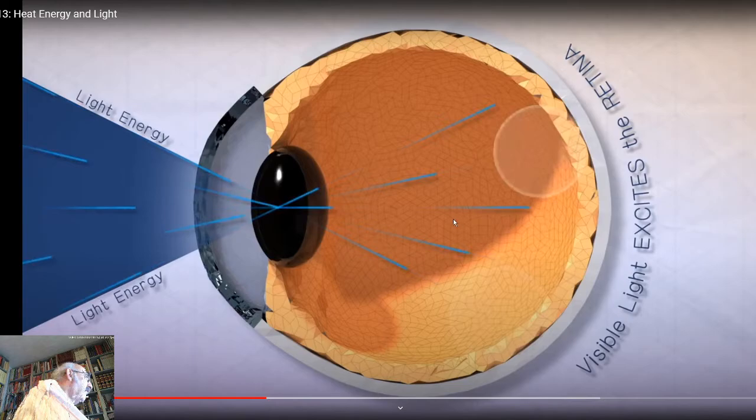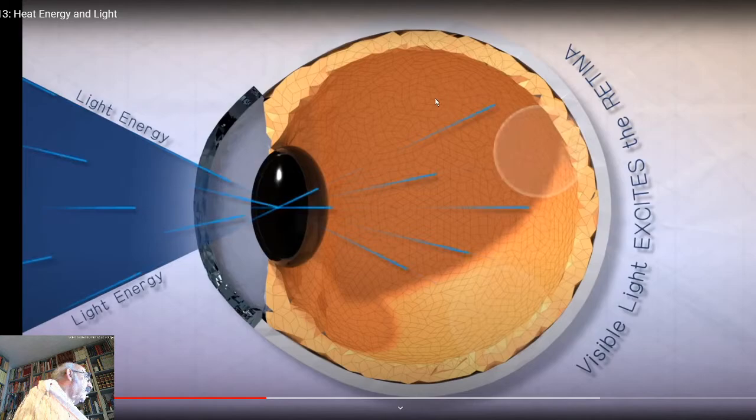Okay, so this is interesting. Next year you're going to study the human eye. So this is a hole, and this is the pupil, and this is light energy that comes into our eye. And here it is refracted to this part. This is the retina.